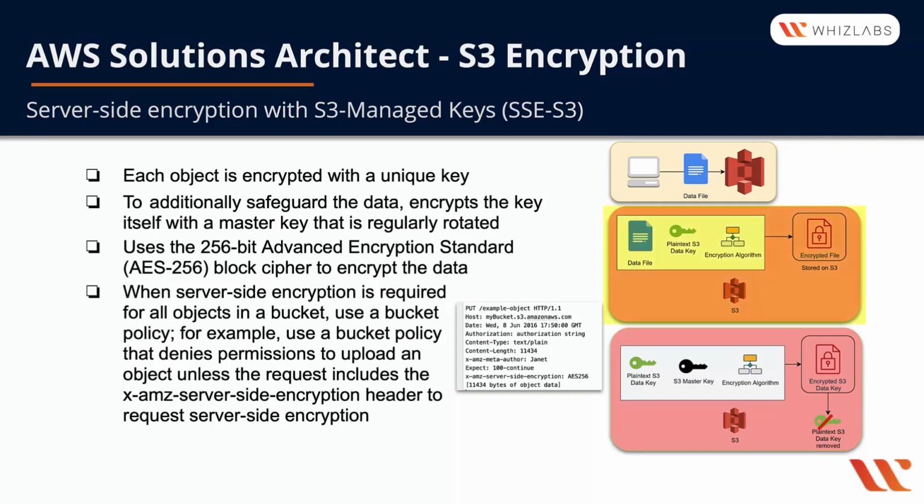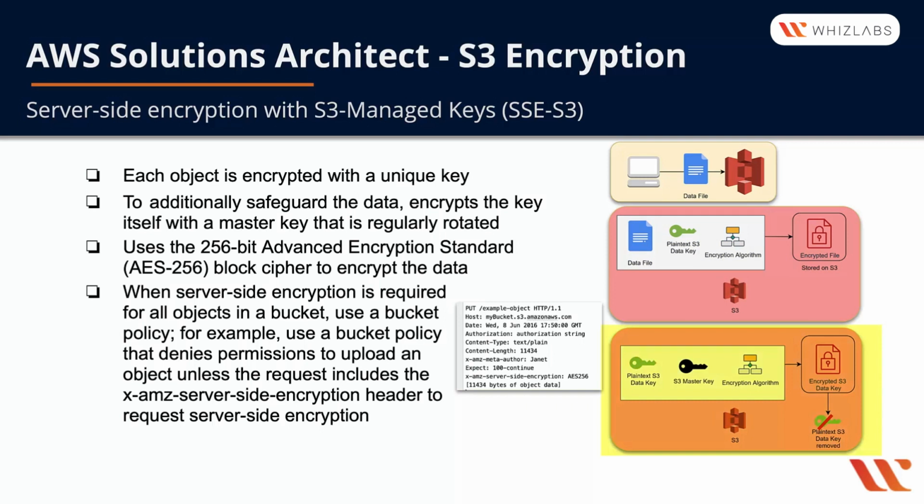Then in step 2, S3 takes control of the object and encrypts it with a plain text data key that is generated by S3, using an encryption algorithm, and the result is an encrypted version of the object. That object is then stored within your chosen S3 bucket.